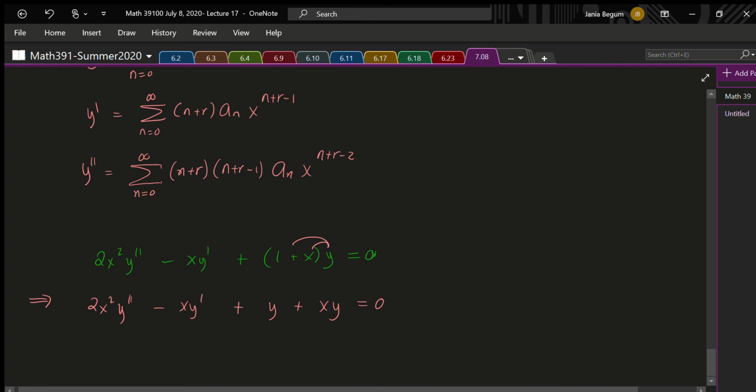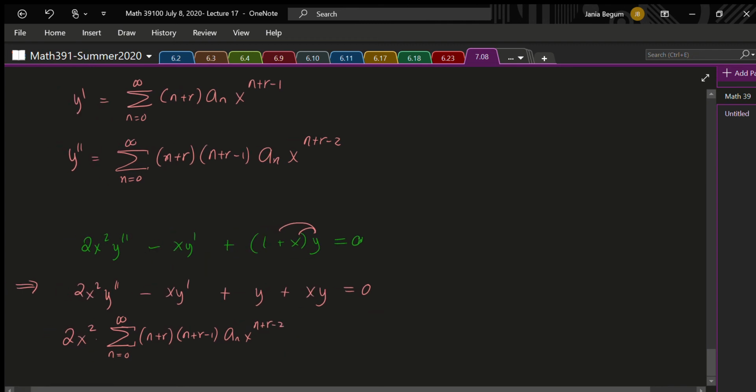So we have 2x squared times the sum starting at n equals 0 to infinity of n plus r times n plus r minus 1 a_n x to the n plus r minus 2. So that's the first part. For the second one, we're going to do minus x times the summation.